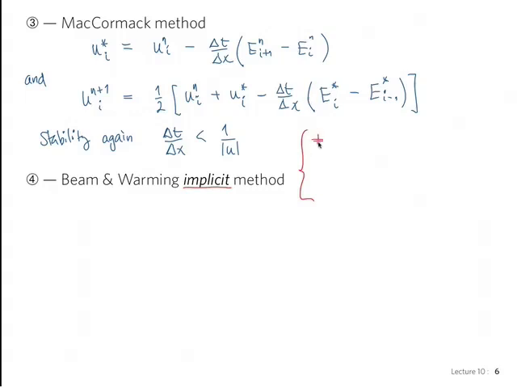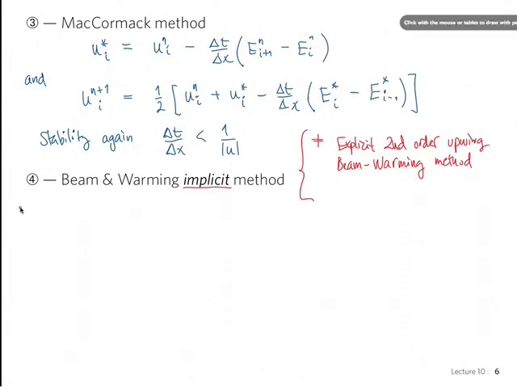It is different from the explicit second order upwind beam and warming method that we discussed for the linear equation. This is another one, and we'll develop this. It's going to take a little while, so bear with me. Again, we're going to start from the Taylor expansion.